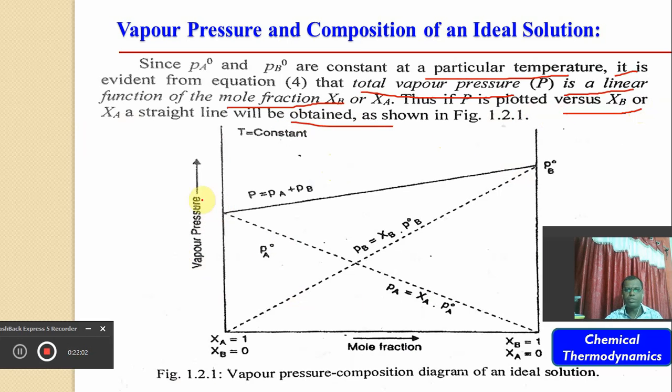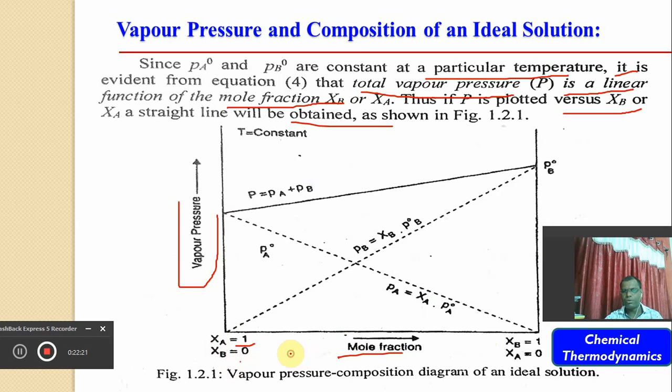This is the plot of vapor pressure against mole fraction. On this side the mole fraction of liquid A is 1, while the mole fraction of the other liquid B is 0.